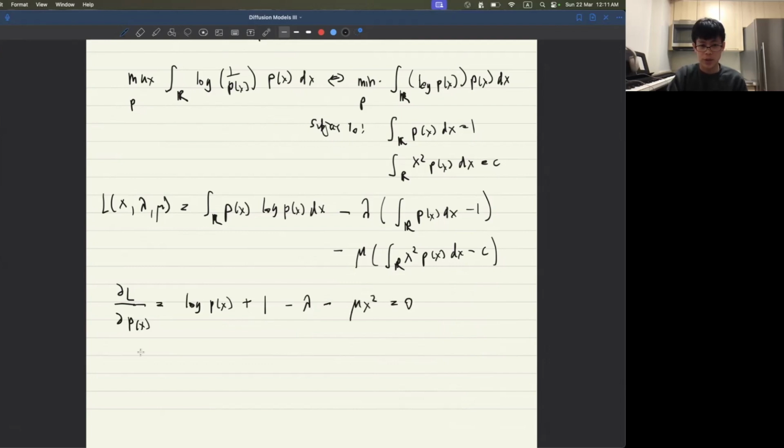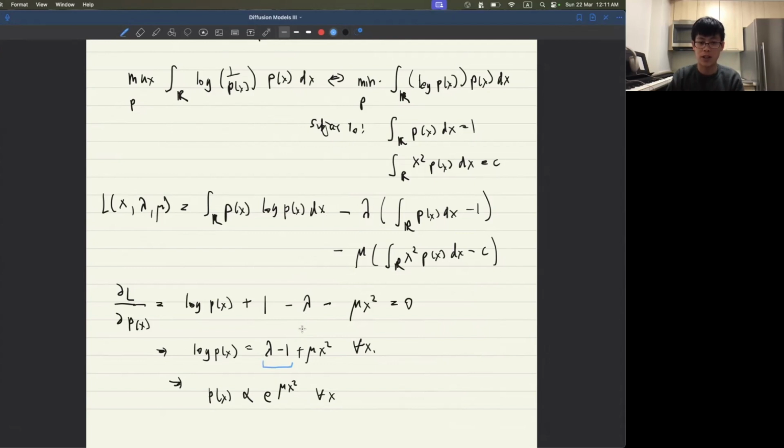And this should be equal to 0. This is really saying that log of p(x) should be equal to lambda minus 1 plus mu x squared. This must hold for all x because this partial derivative should be 0 for any optimization parameter, so any p(x). What this is really saying is that p(x) should be proportional to e to the power of mu x squared for all x.